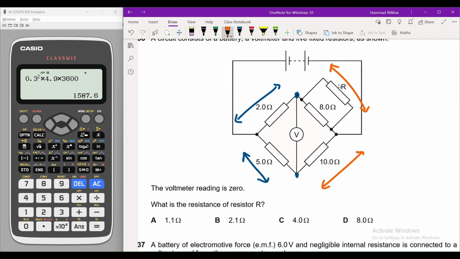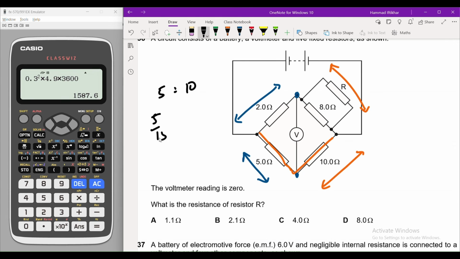Okay, so this is what we need to figure out first. The potential difference across this 5, 10, and 2, 8 is going to be equivalent, right? So we need to figure out what ratio it is. That's 5 ratio 10 basically, so 5 ratio 10 for the potential difference over here.